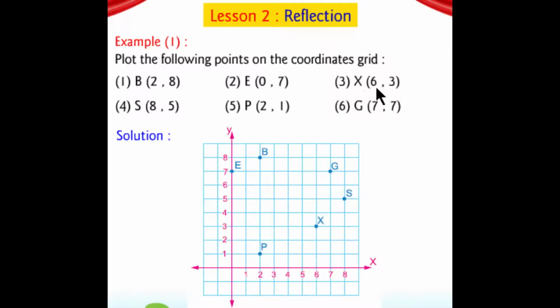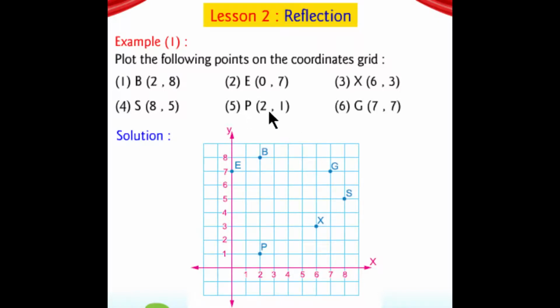3. The point X, (6, 3). On the x-axis, 6, and 3 on the y-axis. The intersecting point is X, (6, 3). 4. The point S, (8, 5). The first number is on the x-axis, 8, and 5 on the y-axis, the point S. 5.